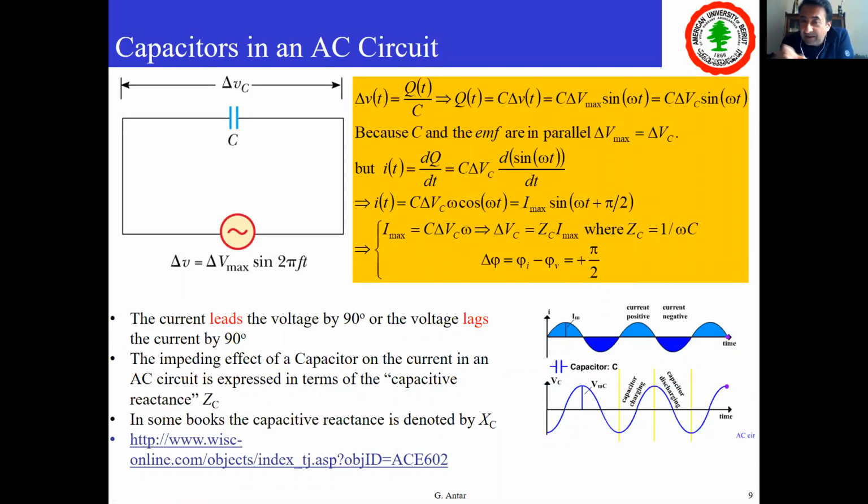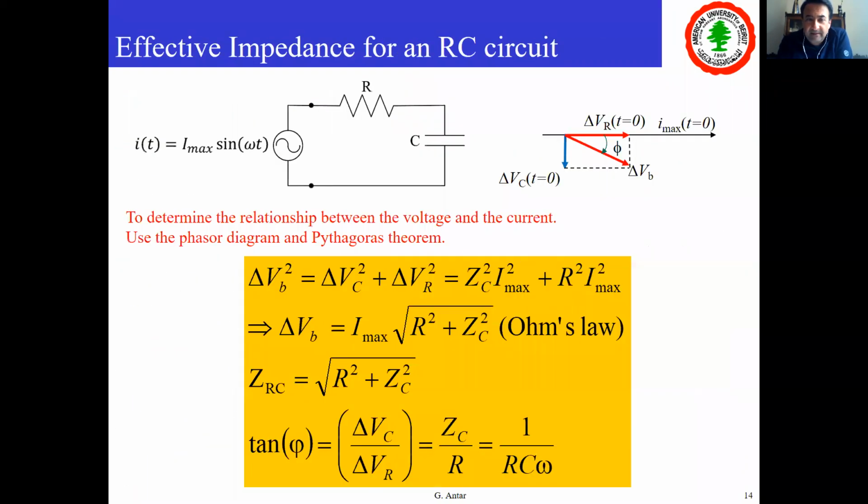And remembering it this way, you just don't care what's given. If I've given you I with phi equal to 0, then phi V is equal to minus pi over 2. If I've given you V with phi V equal to 0, then phi I is equal to plus pi over 2. Okay, so delta VC was going to give me minus pi over 2.